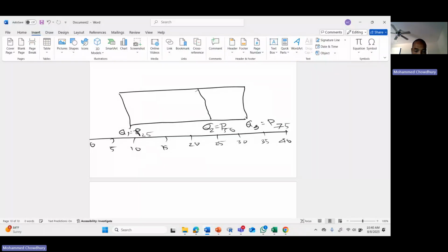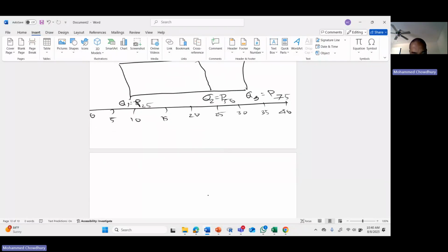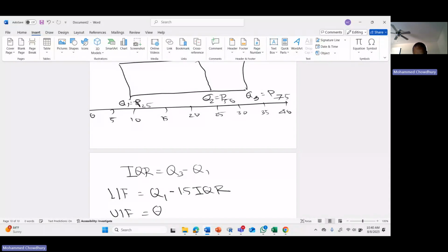After constructing this, now you have to construct the whisker. How can you construct the whisker for the box plot? Remember the IQR, which is the interquartile range, Q3 minus Q1. The lower inner fence is computed as Q1 minus 1.5 times IQR, and the upper inner fence is Q3 plus 1.5 times IQR.